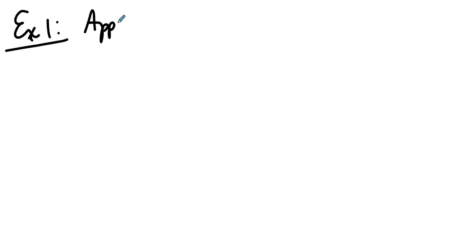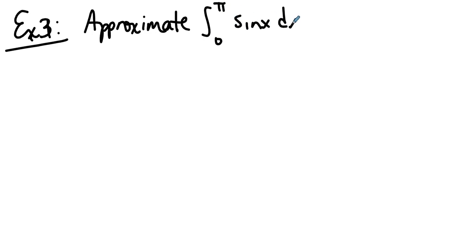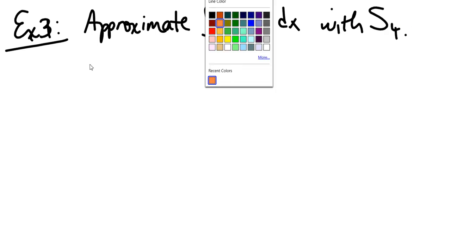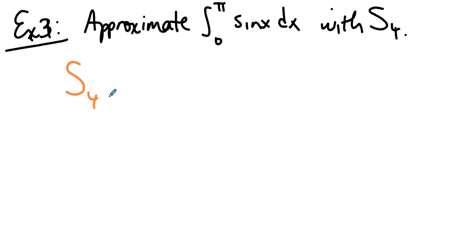Let's approximate. Oh, this is example 3, I suppose. We approximate the integral from 0 to pi of sine x dx with Simpson's Rule, 4 subintervals. We'll still go with that. So that's delta x over 3, and you know from before that that's pi over 12.